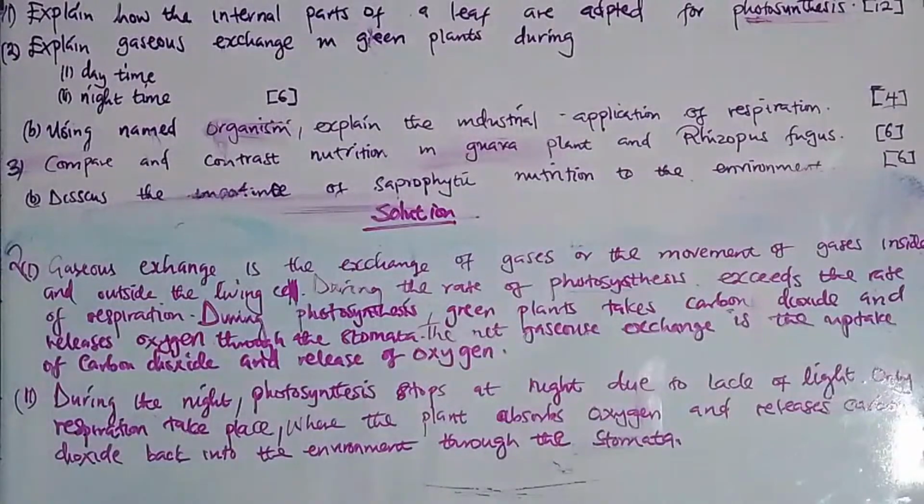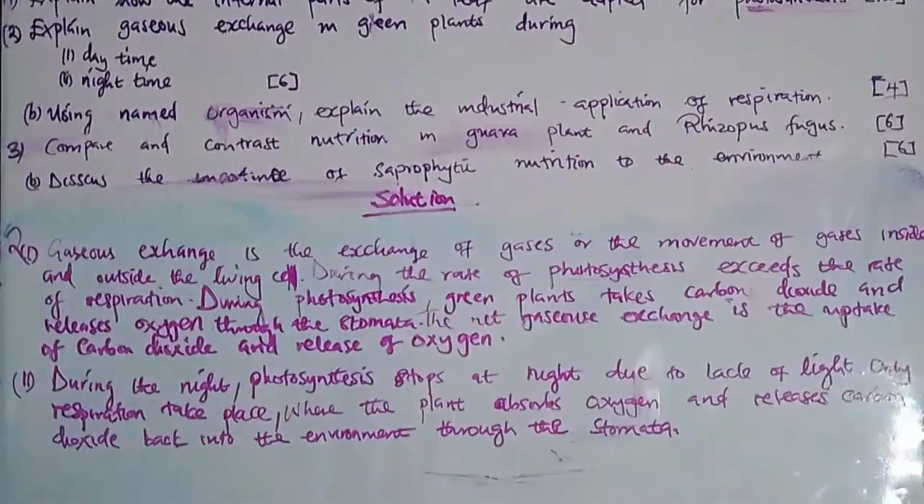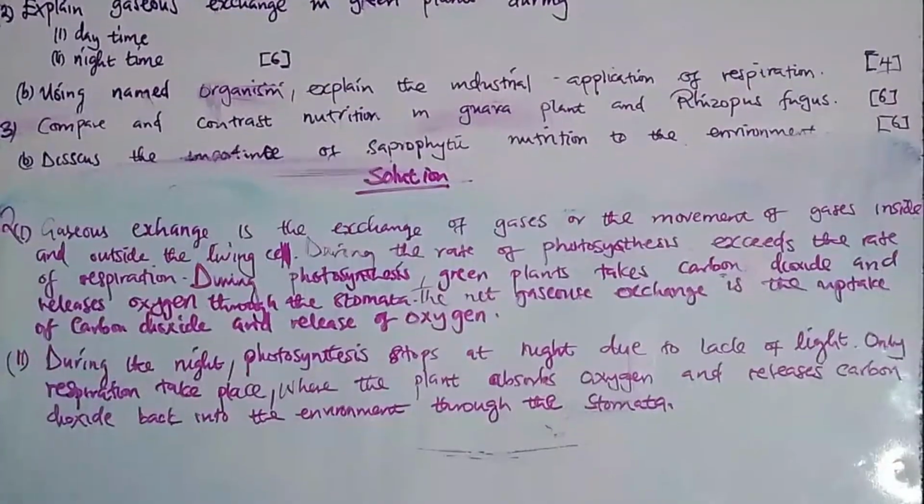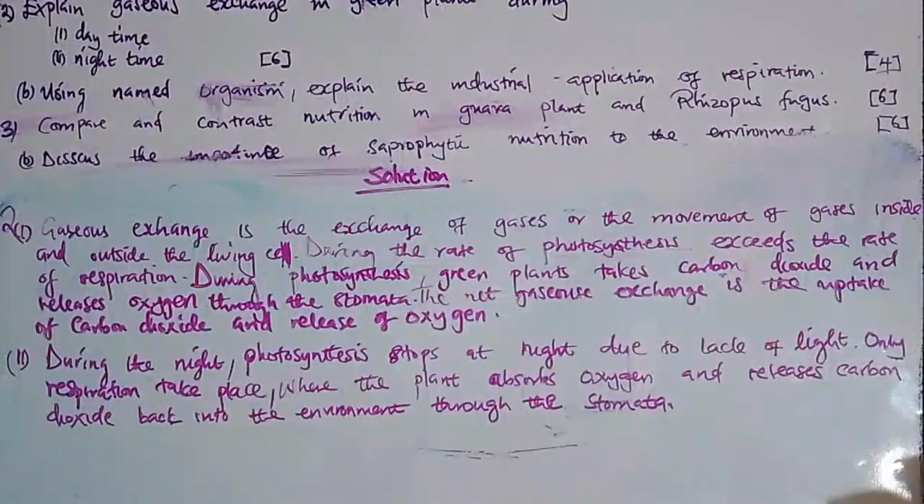Yeah. Moving on to our part B, which is the last question I'll do in this live class. So part B is saying, using named organisms, explain the industrial application of respiration. So here you use named examples. How is respiration applied to industries?